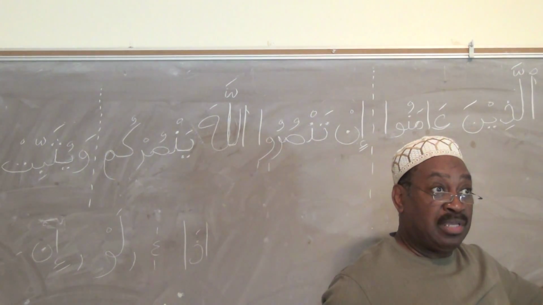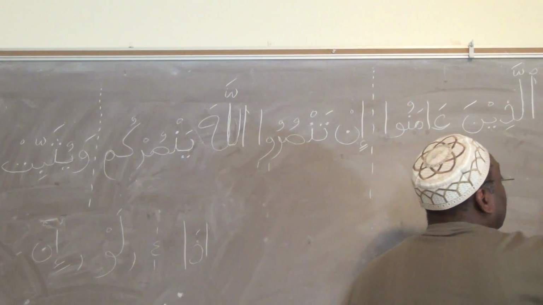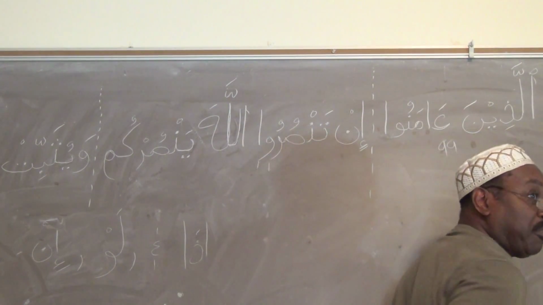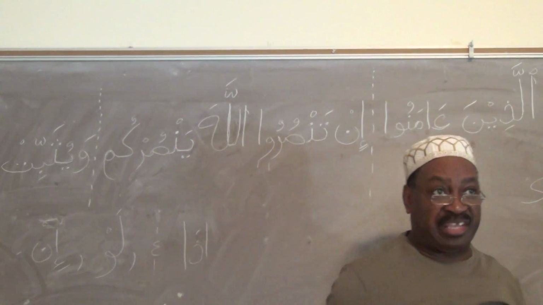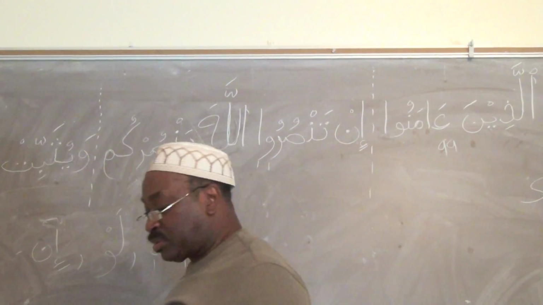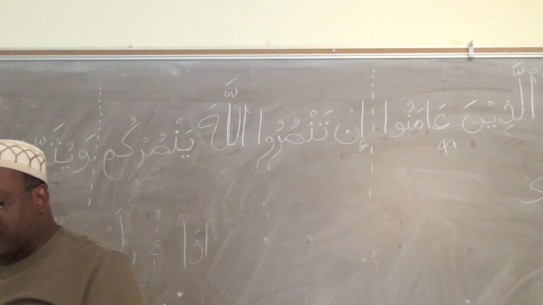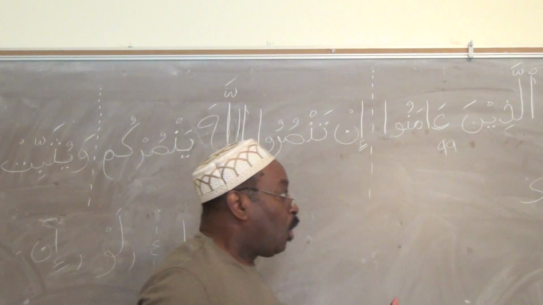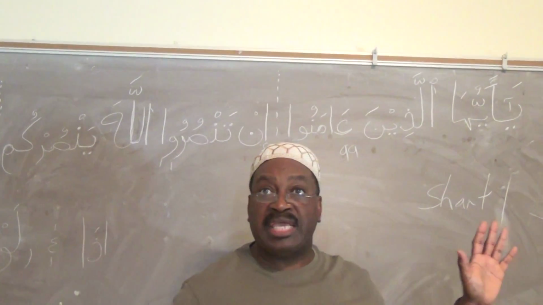Shart, right? That would be the pronunciation, and that would be the phonetic. So a conditional sentence has what we call two parts. The first part of it, we'll say it is shart, okay? Which imposes a condition.